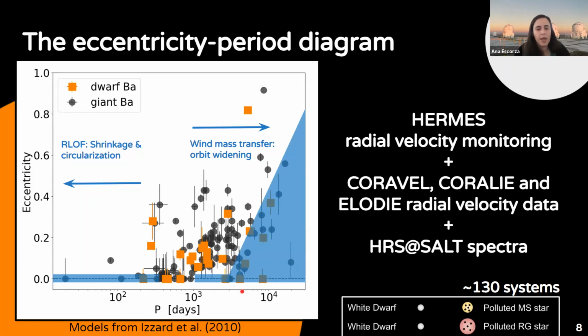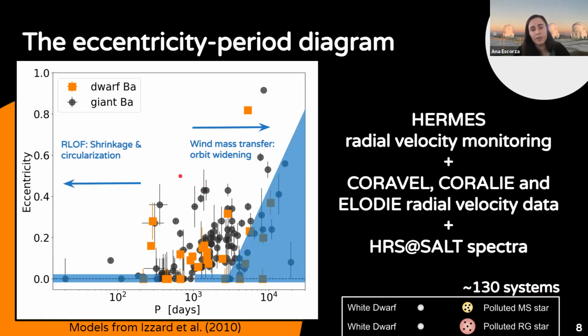So nothing fancy, no circumbinary disks, no wind Roche lobe overflow, just standard binary interaction. And what Vos observed in 2010 is that Barium stars, if they formed via Roche lobe overflow, we expect that the orbits shrink and circularize. So we would expect to observe these objects down here, zero eccentricity and short periods.